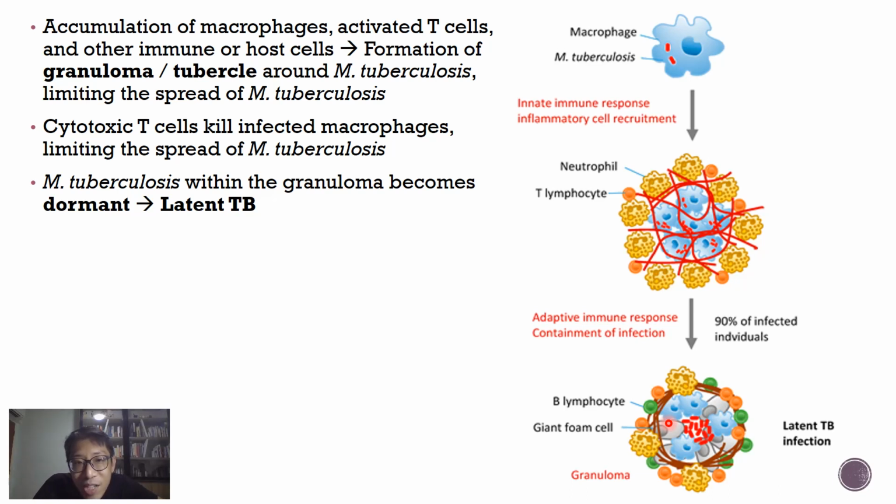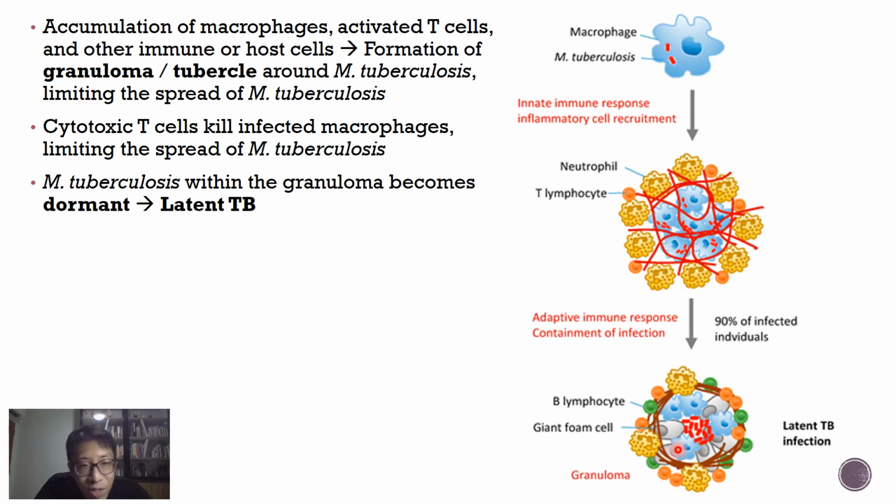So when they're dormant, they are kind of evading the immune cells that are in the granuloma. The immune cells don't really kill them, but the bacteria also don't really do anything. So they are dormant. This is when we have a latent TB infection.